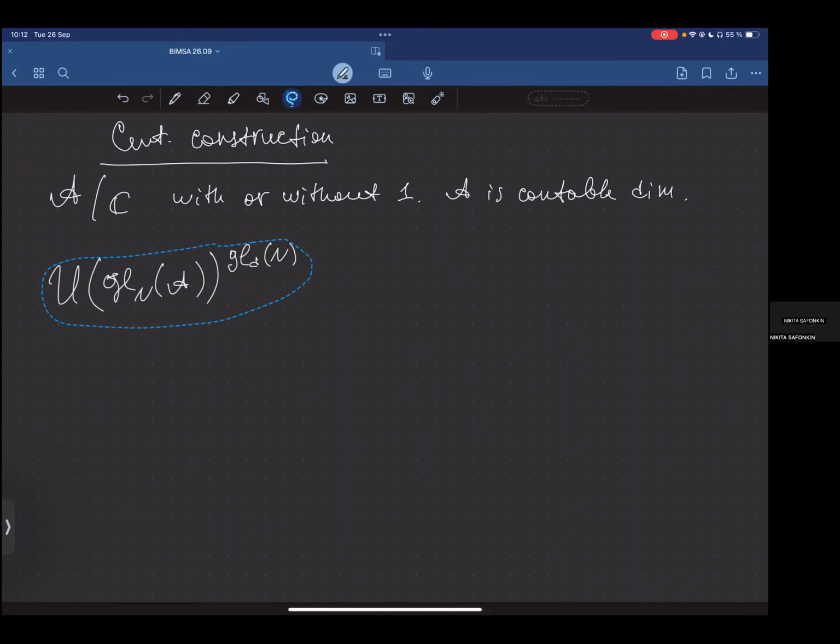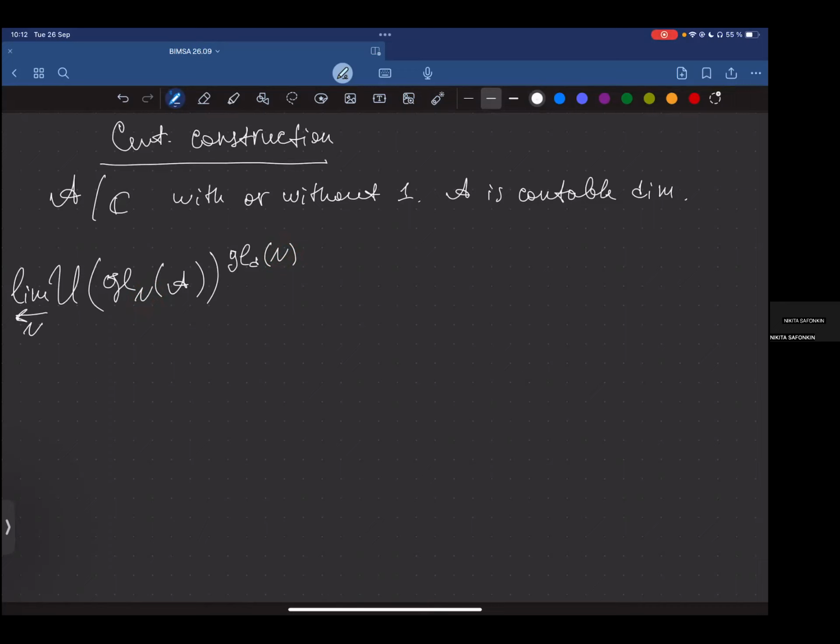I will explain this notation just in a moment. And when we have the definition of this centralizer, we will form some projective limit of them, with respect to n, which is here and here. And this is going to be the algebra we will work with.